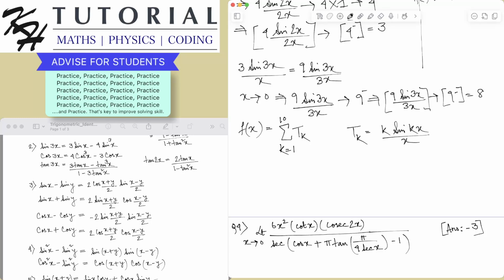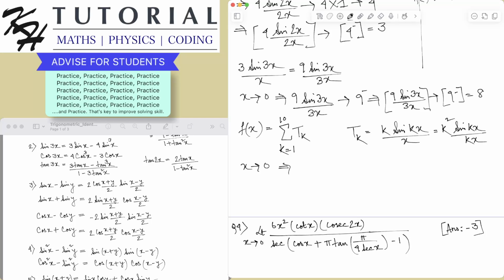So when x tends to 0, this is equal to k square times sin kx by kx.